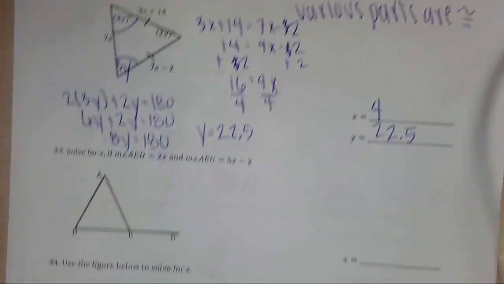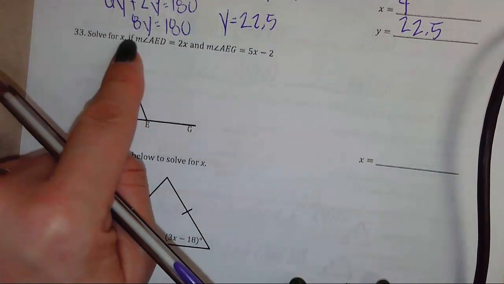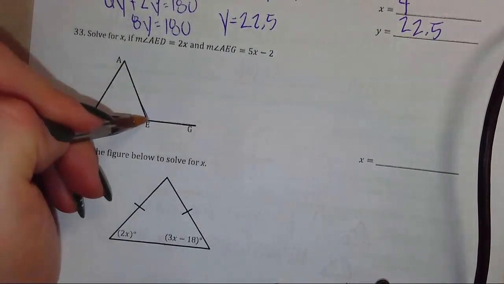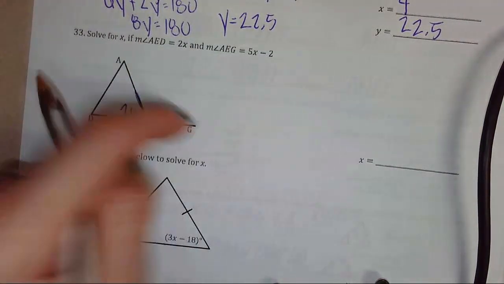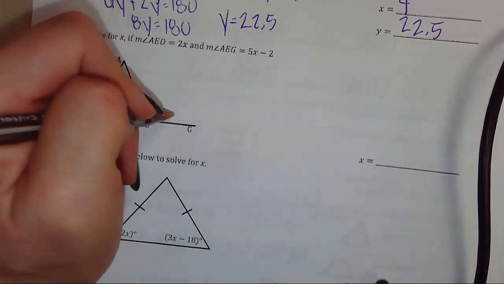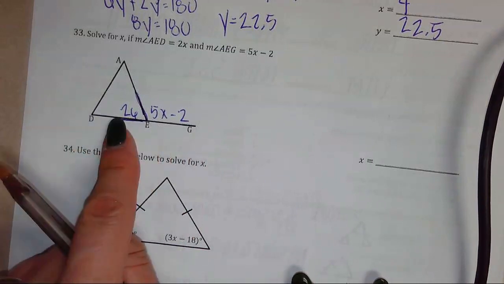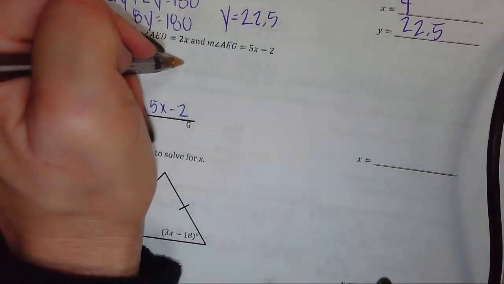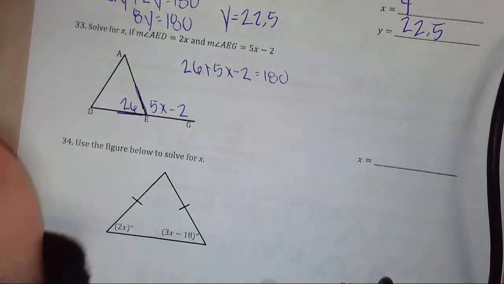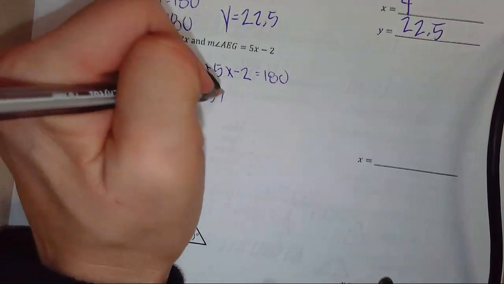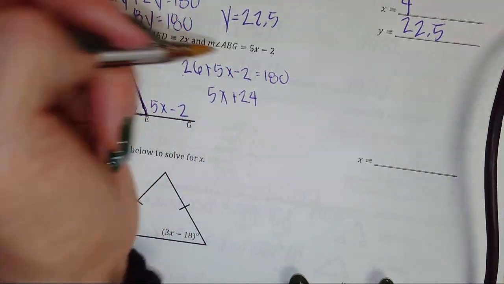Okay, solve for x if the measure of angle AED, which is right here, equals 2x, and the measure of AEG equals 5x minus 2. Well, together those form a straight line. They're a linear pair, so we're going to set it equal to 180. So 26 plus 5x minus 2 equals 180.